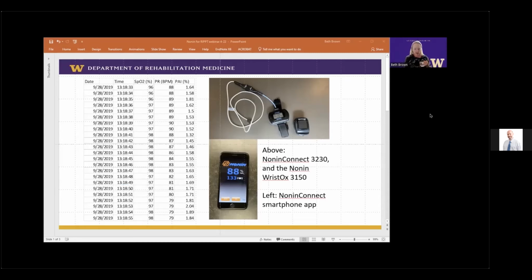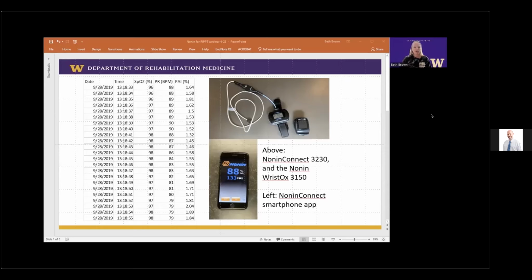So for exercise, some individuals will find it's more reasonable to keep this on the fingertip, especially if they're doing exercise that involves the use of their hands, and that it's just not possible with this on their finger in some cases. And the Nonin wristox is also more popular for sleep studies because it's easier to keep that on than a bigger, bulkier thing.